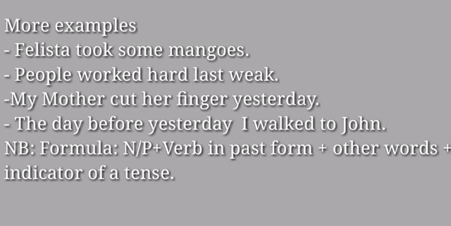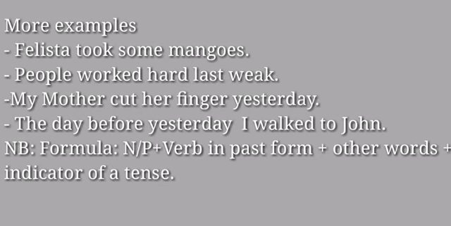Therefore, if someone wants to understand well, he must put in his mind the following formula, which will help him or her to get a complete sentence. The formula is, you take noun or pronoun plus verb in past form plus other words plus the indicator of a tense if possible. For example, Ferista took some mangoes yesterday.